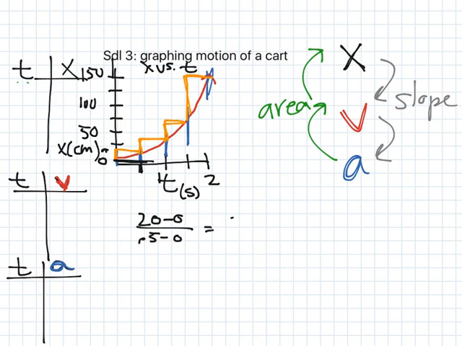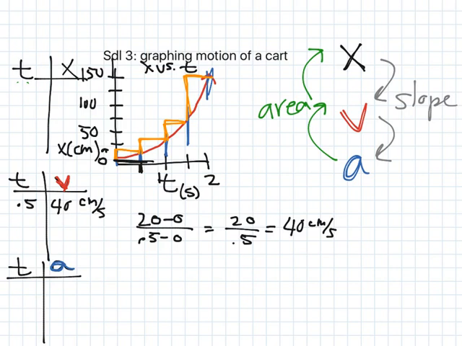That gives 20 divided by 0.5, which if you put that in a calculator, will get you 40 centimeters per second. So that's your first velocity, 40 centimeters per second, at the 0.5 second mark.